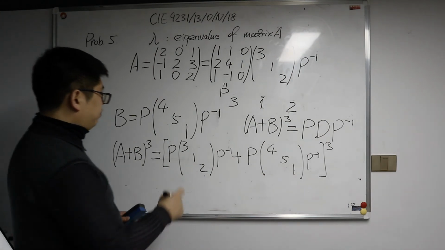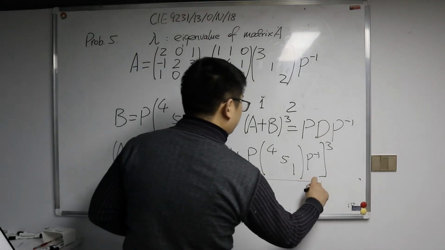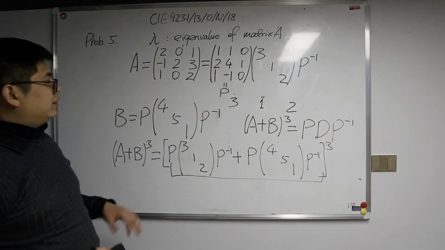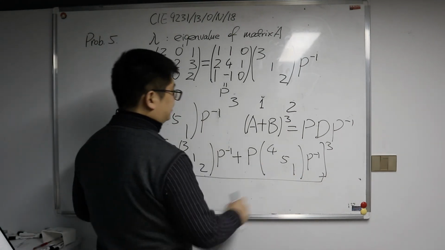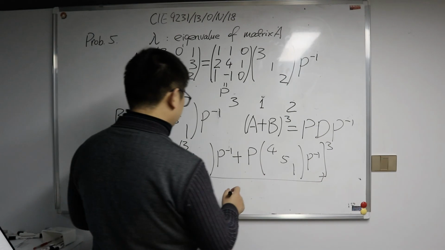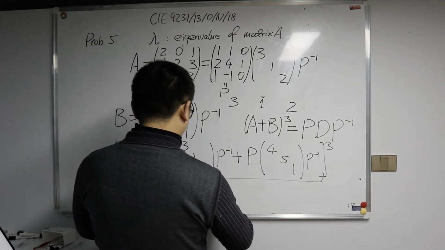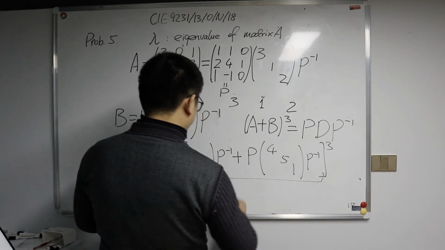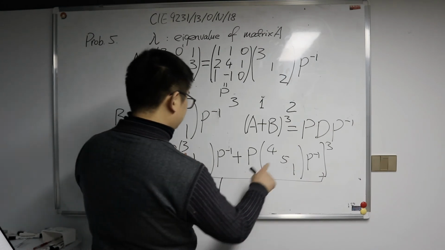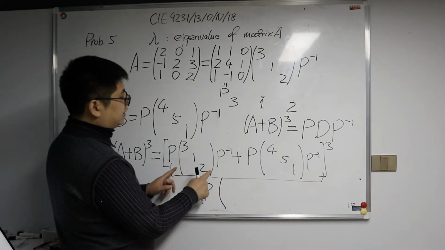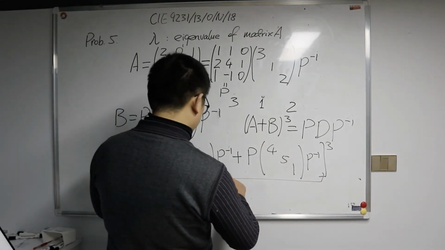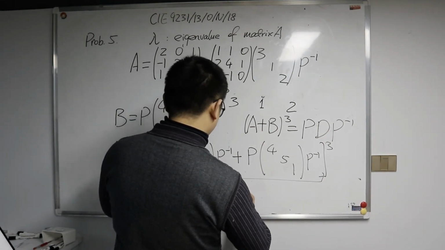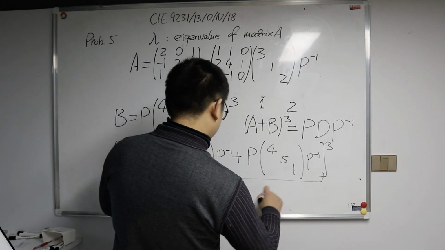But we could extract the common factor on both sides, and so the sum becomes: we just simply add the two diagonal matrices together, and it is 7, 6, 3.